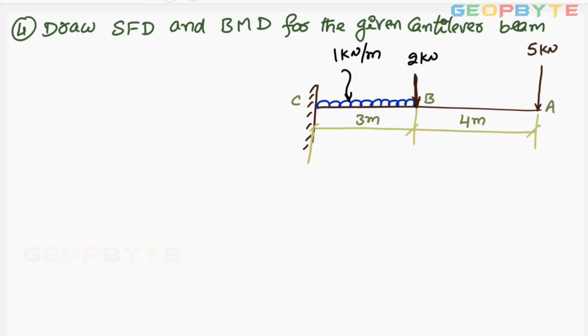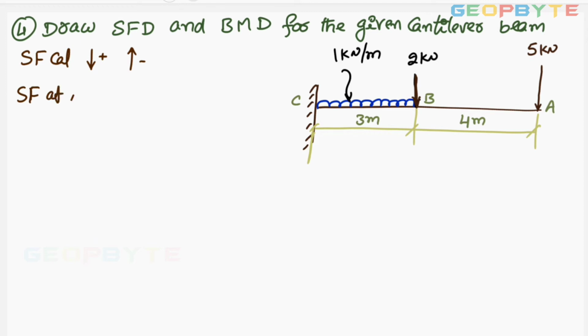Now let us calculate the shear force values. Shear force calculations. For this, I should take downward forces positive, upward forces negative. Now let us find the shear force values from right to left.